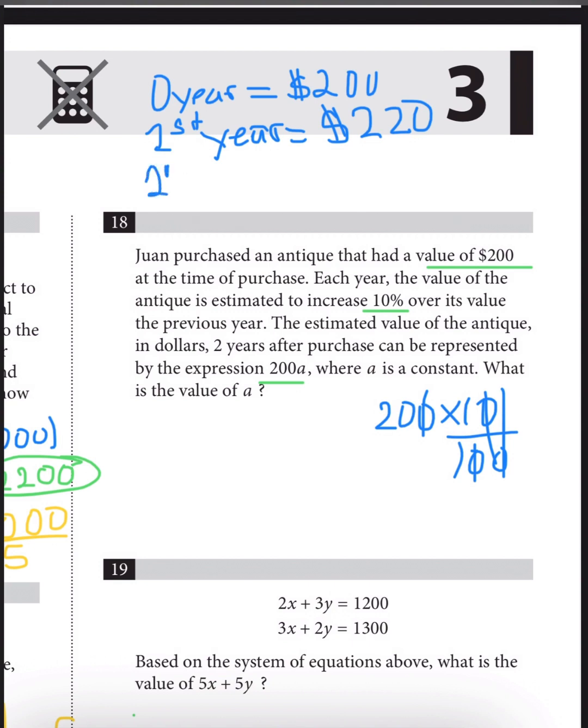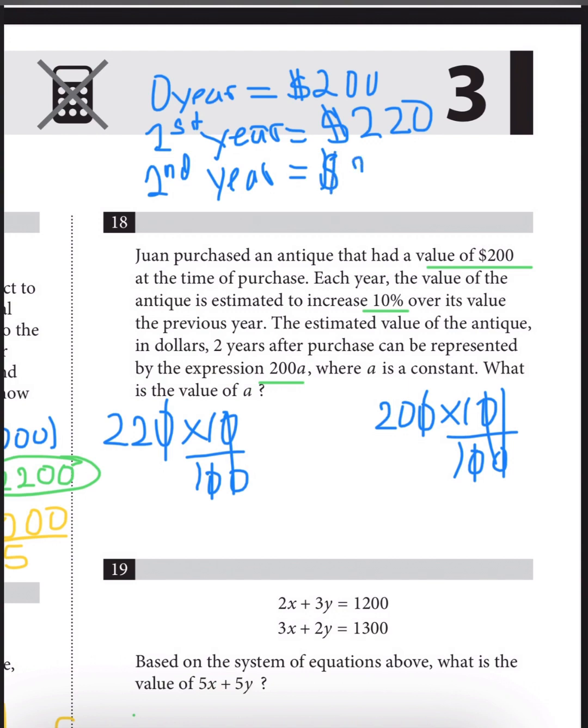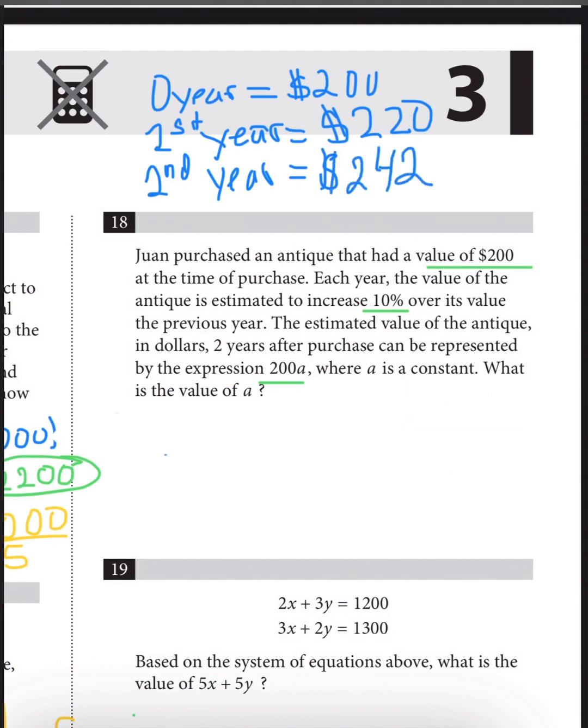The second year, that's 220 times 10%, which is 242. And what it's asking us is that 2 years after the purchase, it can be represented by this, right?